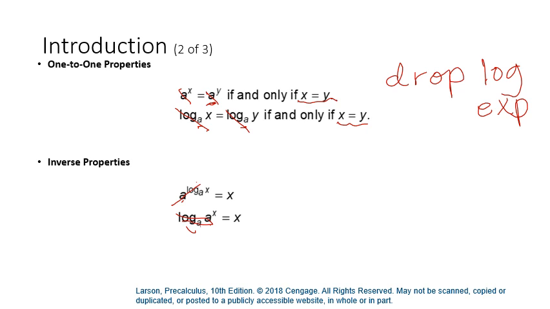So that is the inverse property. That is the same kind of idea as doing something like this. Not exactly, because these are reciprocals, but they cancel out much in the same way that you would expect.